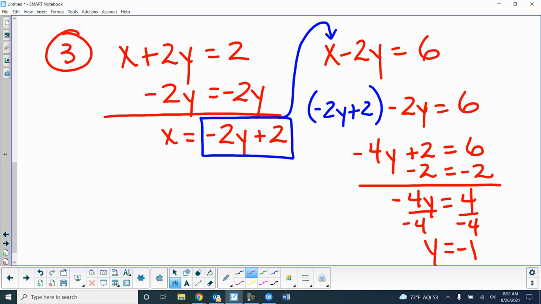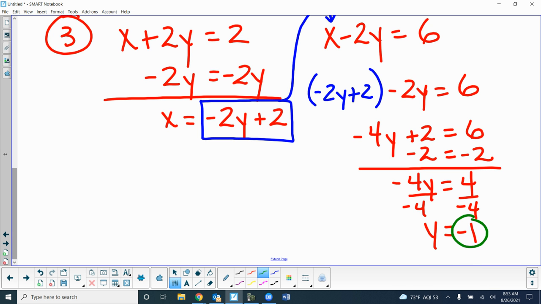So I'm going to take this negative 1 for y and plug it in. I always like to go right there, but it doesn't matter which one of those you really put it in. But since I'm looking for x, I'm going to put it in the x equals equation.